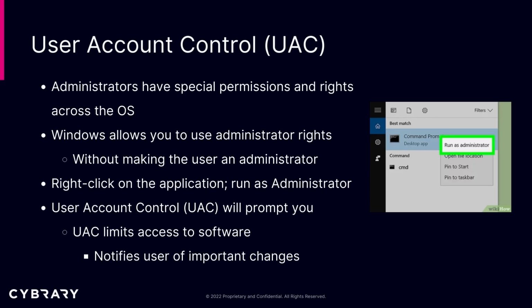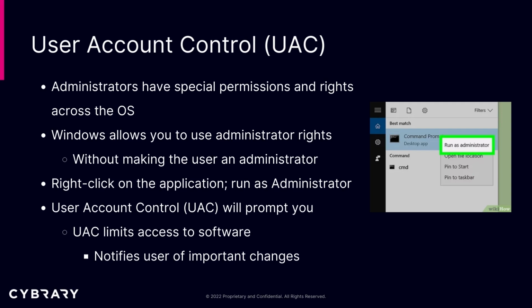User account control, or UAC. You've probably seen this pop up when you're making a change or connecting somewhere. Administrators have special permissions and rights across the operating system. Windows allows you to use administrator rights without making the user an administrator. So you right click on the application and run as administrator.